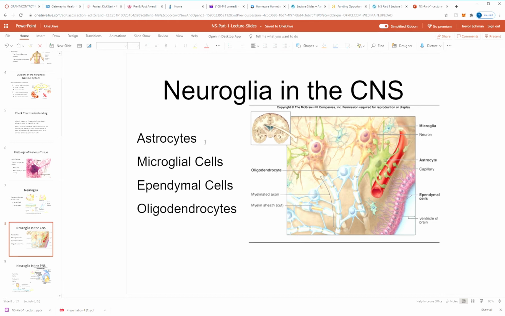The first one we have here is called the astrocyte. That's a good name for it. It kind of looks like a star cell, so an astrocyte. The astrocyte, let me identify it here. It's in green.